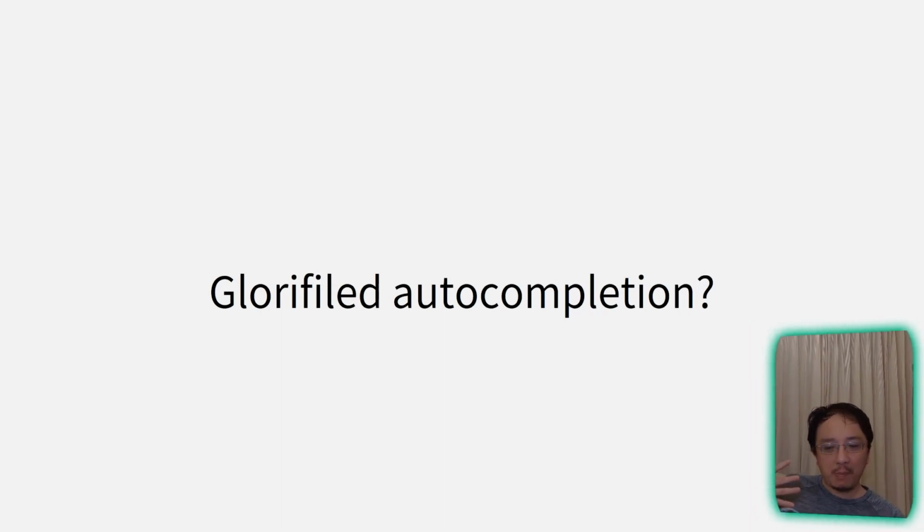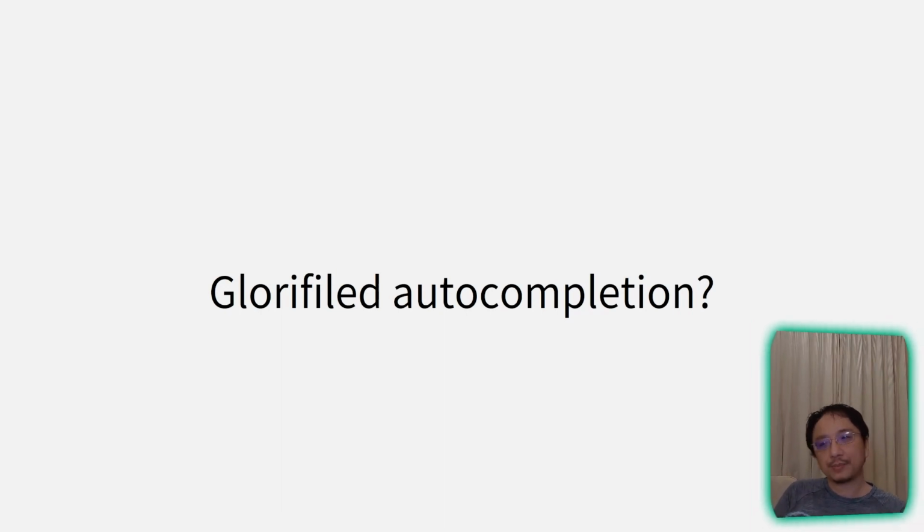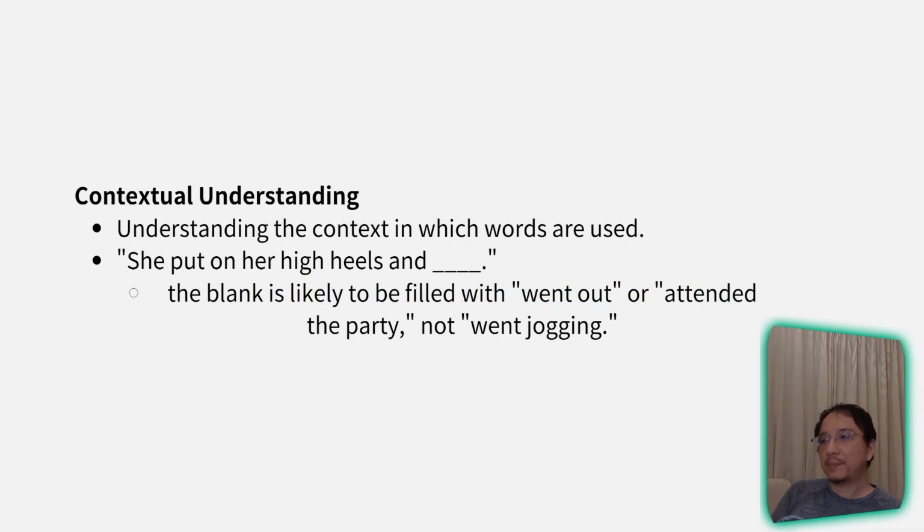The thing is, models can learn a lot of different concepts from this kind of task. For example, consider this sentence: she put on her high heels, and this is a blank that we need to fill in.